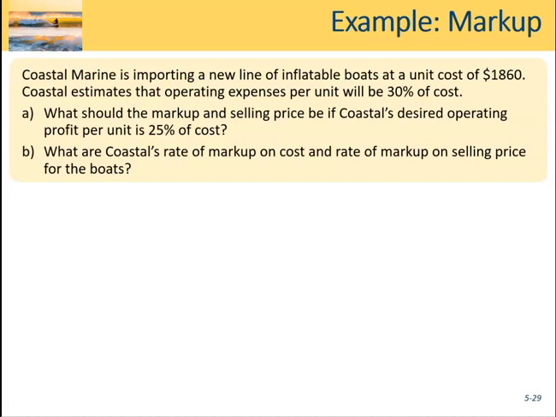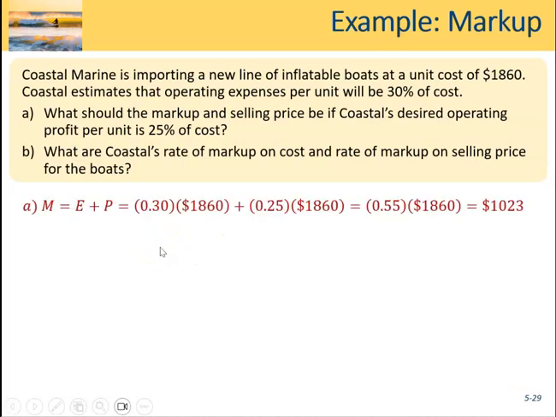They've given us the information here to be able to figure out what our expenses are, which are 30% of cost, and we know what our profit is going to be because it's 25% of cost. Okay, so let's give it a shot. So for A, okay, so we have markup, which is equal to E plus P. So we know E, our operating expenses, is 30% of cost, so 0.3 times 1860.